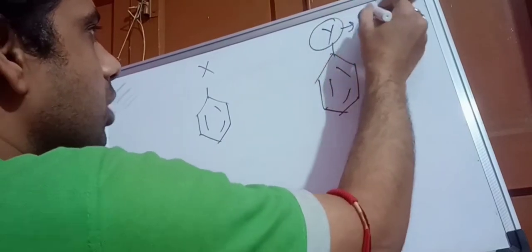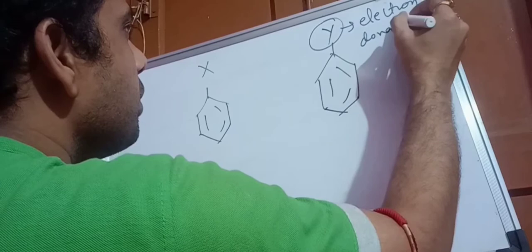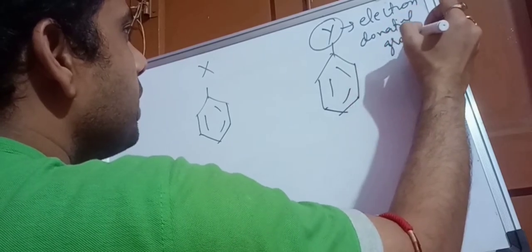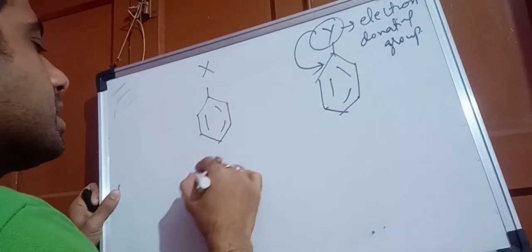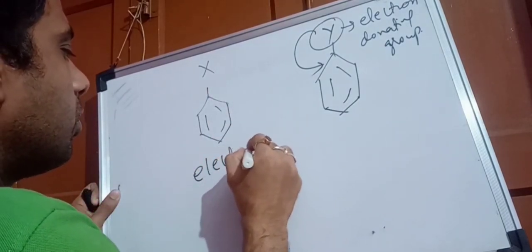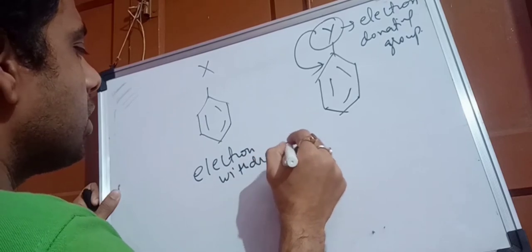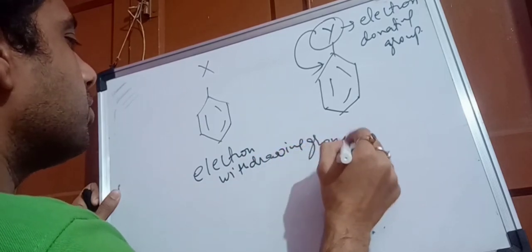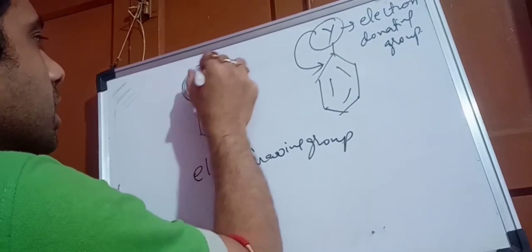If it is an electron donating group, it will give its electron to this ring, but if it is an electron withdrawing group, it will withdraw the electron from the ring.